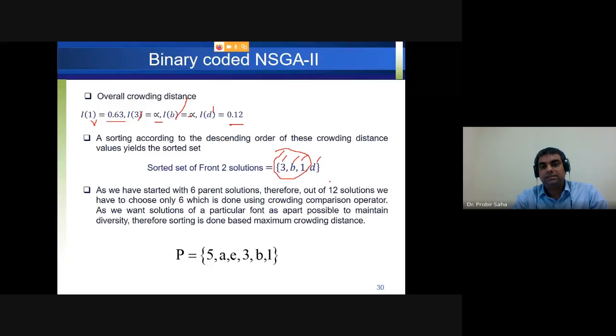I shall discard this one; I shall not carry it over. So in the next population, you can see I have chosen 3 solutions from front 1 and only 3 solutions out of 4 in front 2. And this is done with the help of the crowding comparison operator, which I have explained very elaborately.